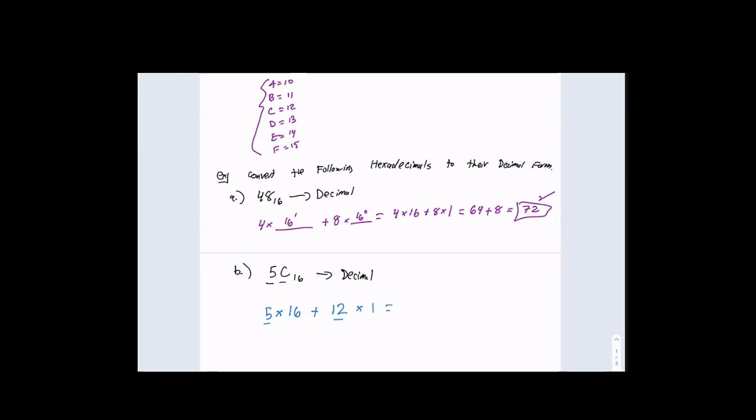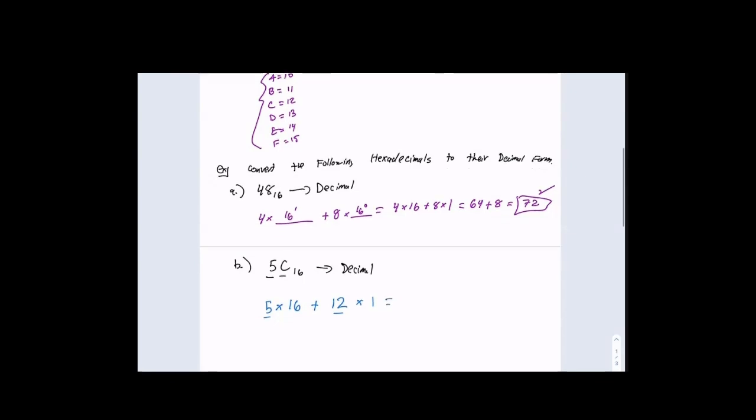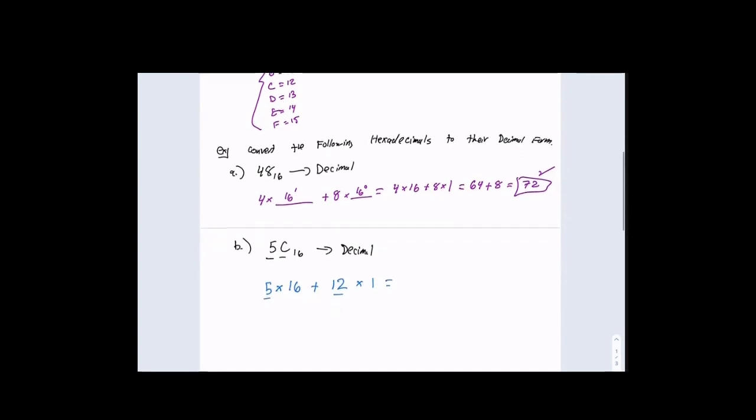Brian already gave me the final answer, but just to show my work, 5 times 16 is 80. So we get 80 plus 12, which gives me 92. So 5C is equivalent to 92.